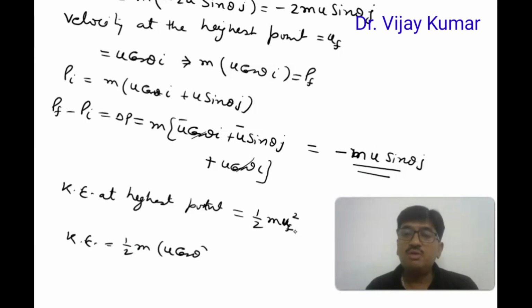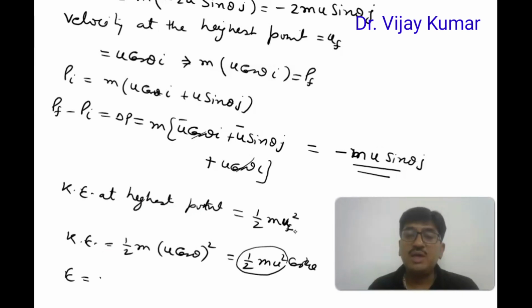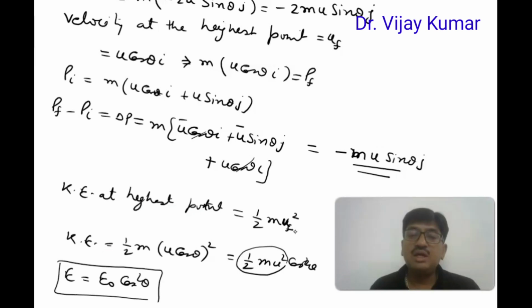There is no requirement of i, as kinetic energy is a scalar quantity, so it can be written half m u square cos square theta. Half m u square is the initial kinetic energy, so the final kinetic energy at the highest point is the initial kinetic energy into cos square theta. This is the kinetic energy at the highest point.